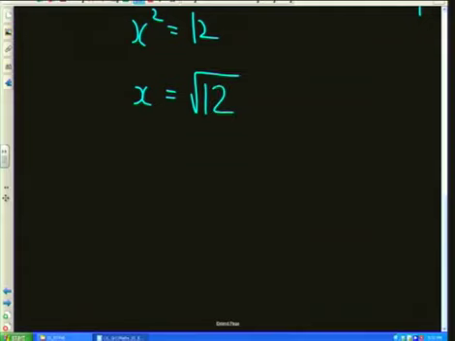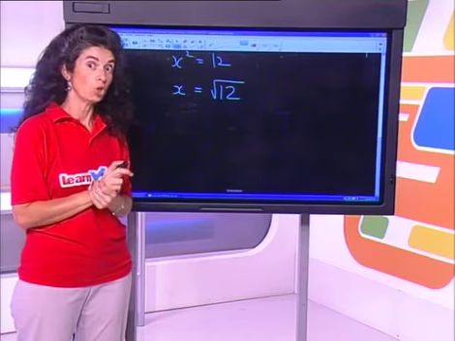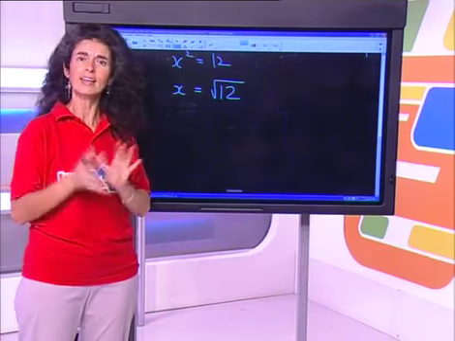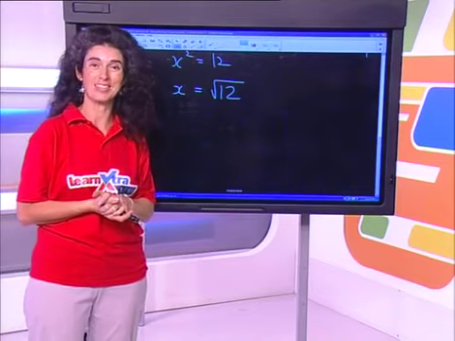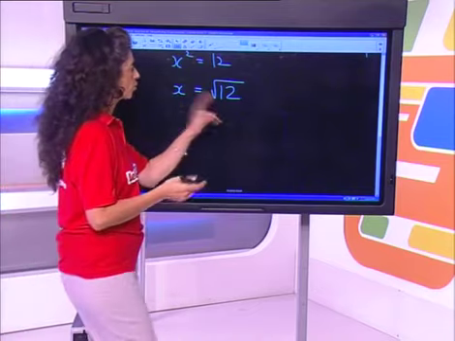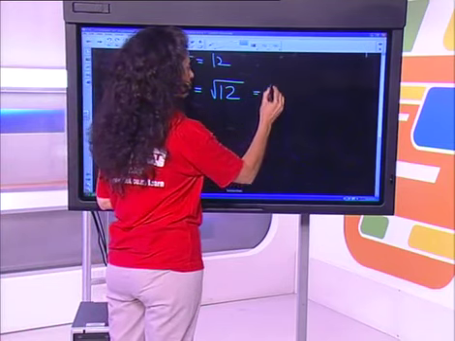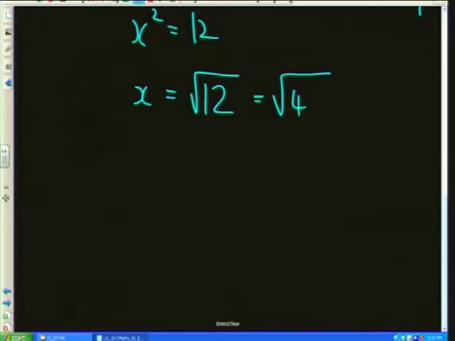How do we get surds to be in simplest form? You need to extract any perfect squares that you see in those numbers. So the square root of 12 is the same thing as the square root of 4 times 3. So the square root of 4 times the square root of 3 would now give me 2 root 3.